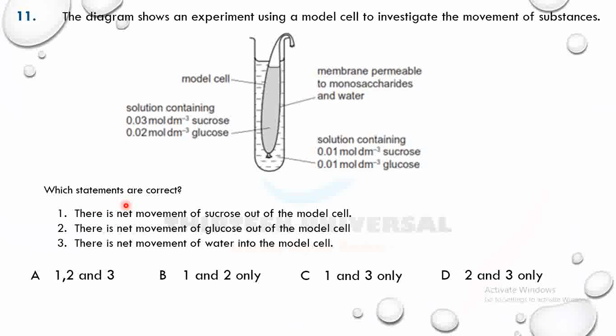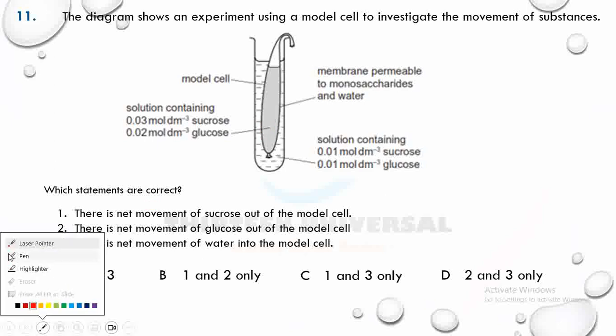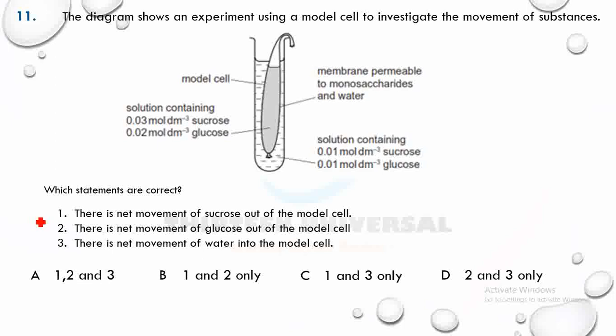So let's look at what is correct. There's net movement of sucrose. No, sucrose cannot move because it is big, it's a disaccharide. So statement 1 is wrong. Number 2 says there is net movement of glucose out of the model.